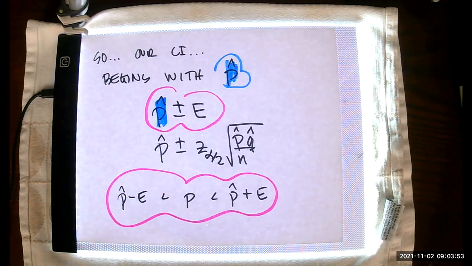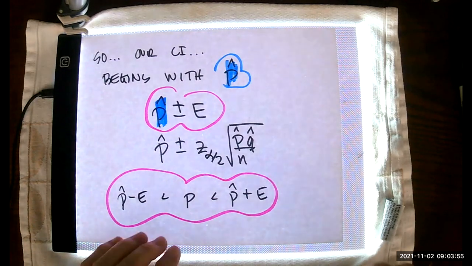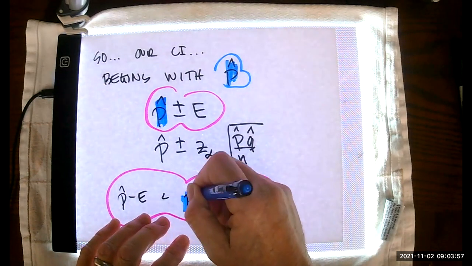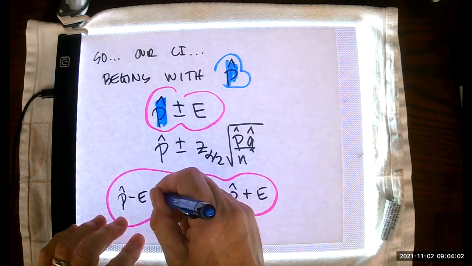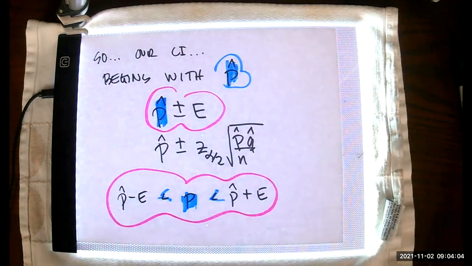And this will build the confidence interval. Stuck flat in the middle is the parameter we wish to estimate. It always goes from less than to less than. Don't mess those signs up or you'll be wrong. So that is the way we build our confidence interval.